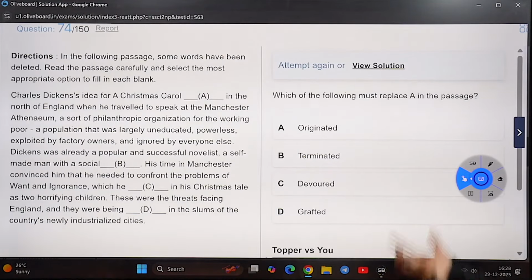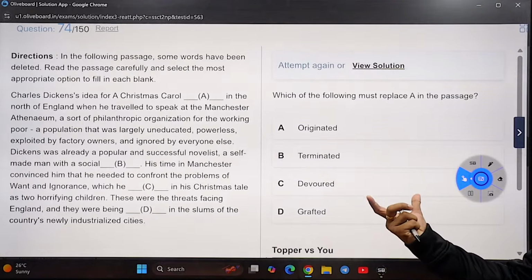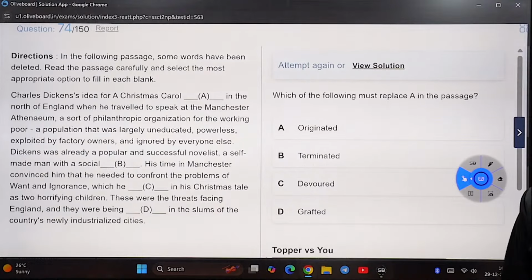Dickens' idea for a Christmas carol. Oh, carol. Blank space in the north of England.